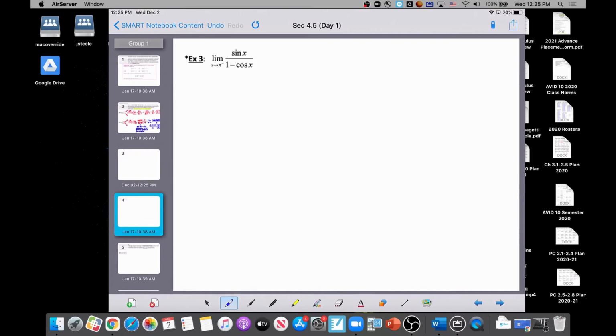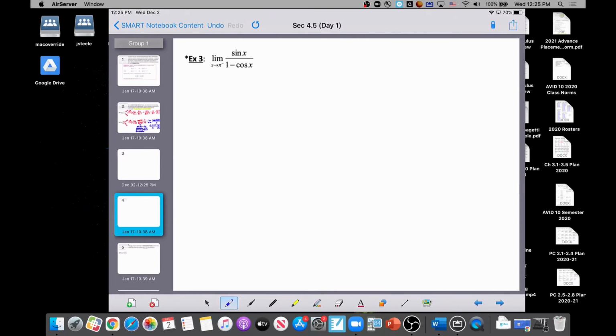Example 3, there's a little asterisk next to it. The limit as x approaches pi from the left of sine x divided by 1 minus cosine x. The reason that there's an asterisk in front of it is about to be relevant here. If I plug pi in, think of the unit circle. Pi is halfway around the circle.